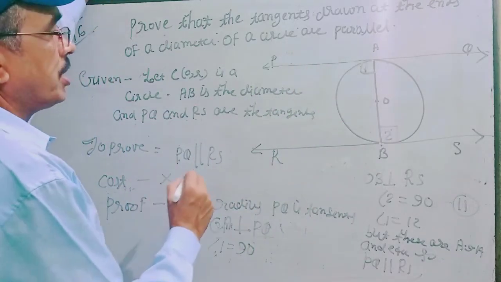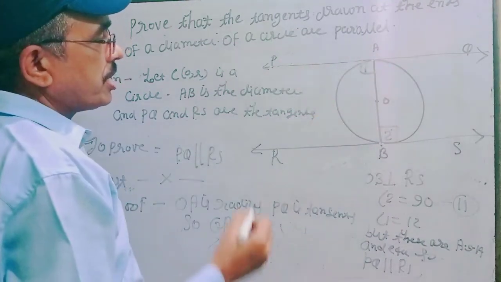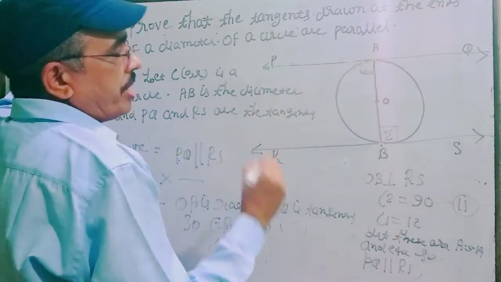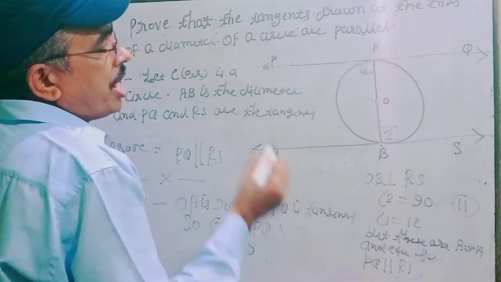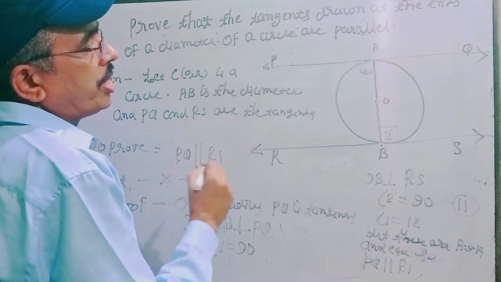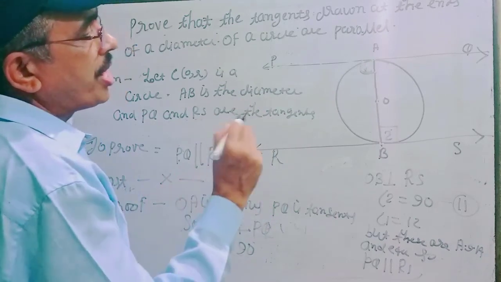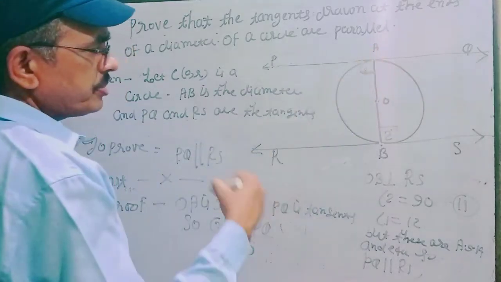Now OA is the radius and PQ is the tangent. Then it is clear this angle 1 is 90 degrees, because from theorem 1 the radius is always perpendicular to the tangent at the point of contact.